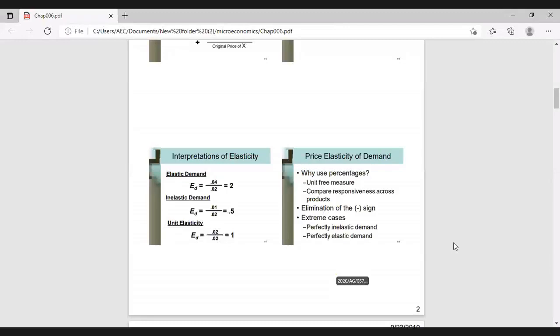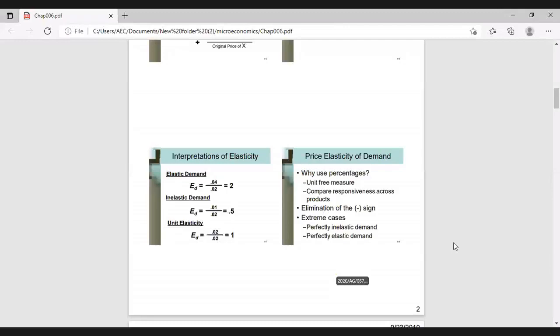Say you are a diabetic patient and you need insulin. Even if the price increases, you need the insulin injection, so you will still buy that dose, that quantity.